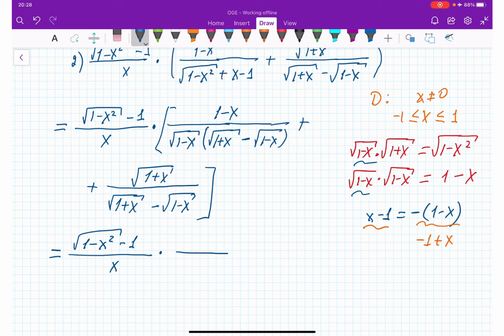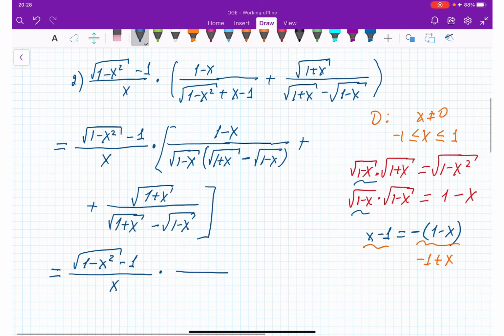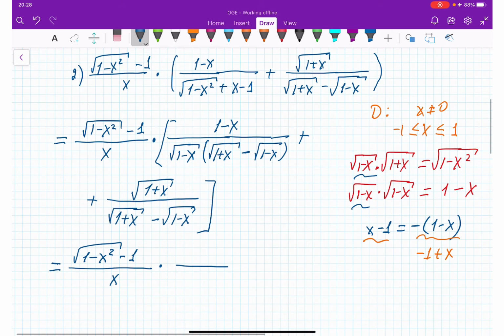Now with this fraction we are going to represent 1 minus x as 1 minus x times 1 minus x.